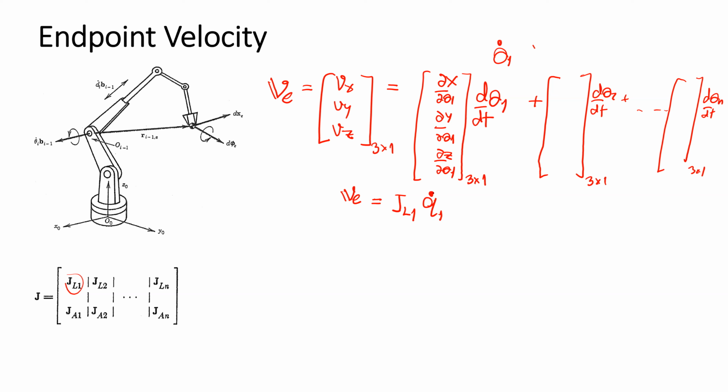Q1 dot is the joint velocity of the first joint, and we have it until the Jacobian of linear. Linear means the endpoint velocity.